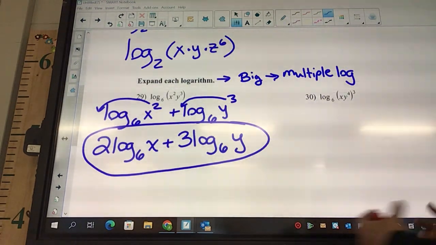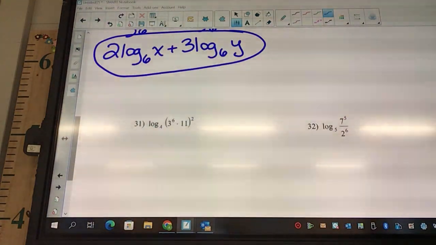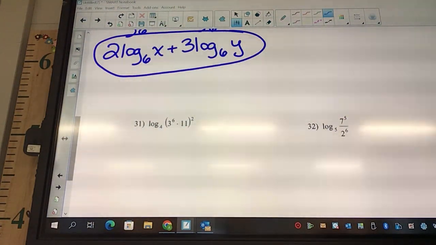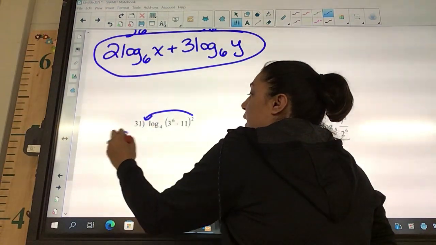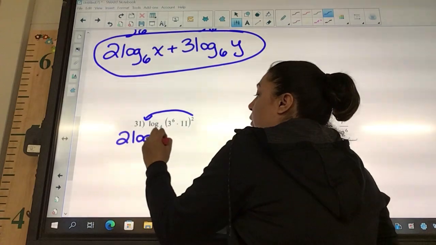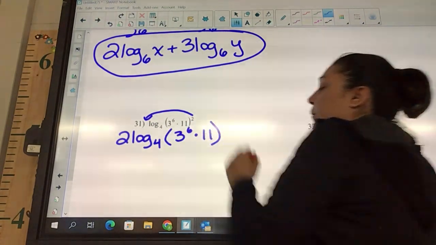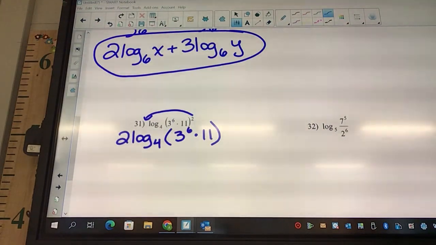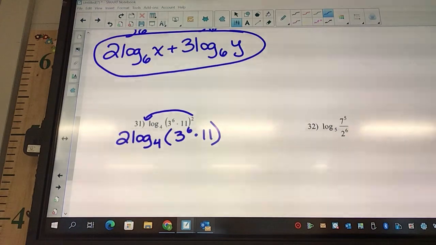Okay, so if we look at 30, what's going to be our first move? Move the 2, where? To the front. Okay, so it's going to look like 2 log 4 of 3 to the 6th times 11. Okay, and then what?